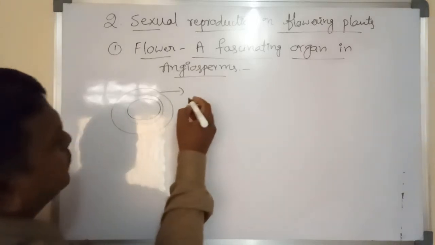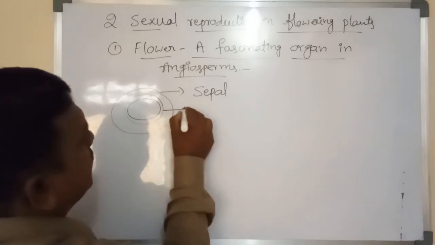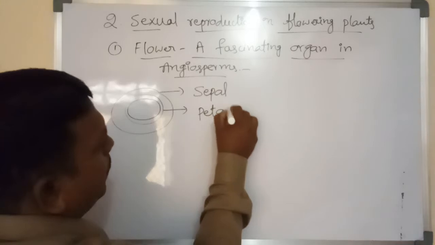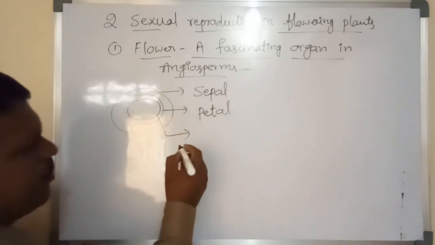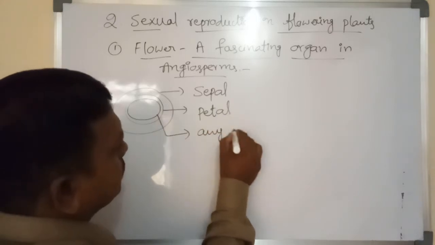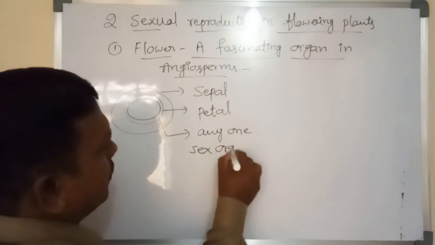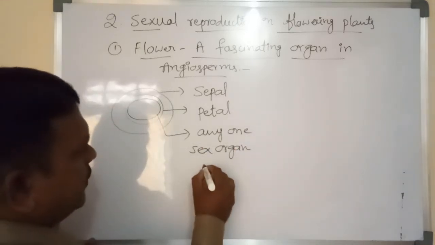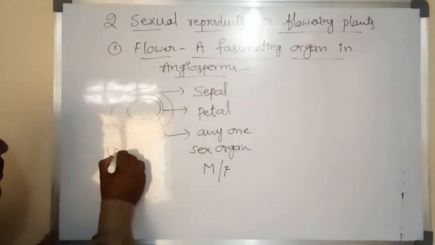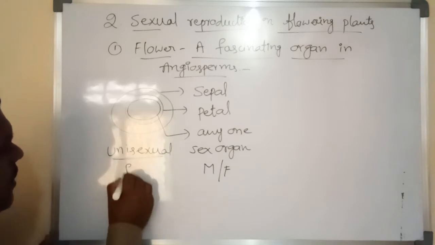Outermost layer, sepal. Second whorl of the flower possesses petals, and the innermost whorl possesses any one sex organ, either male or female. Hence it is called a unisexual flower.